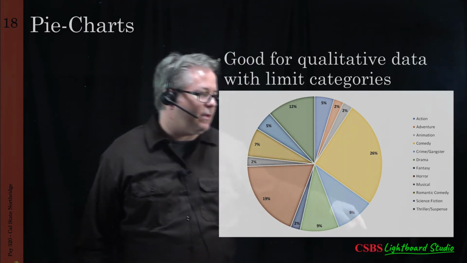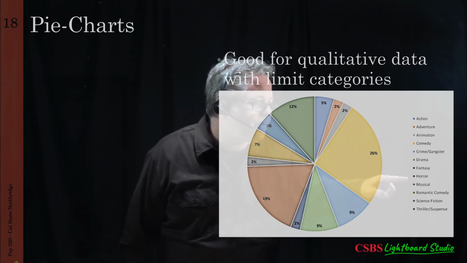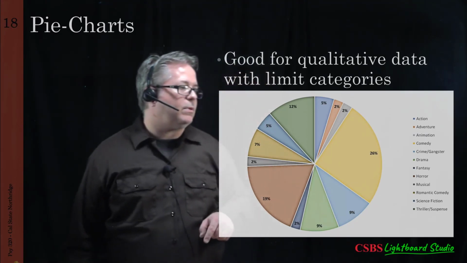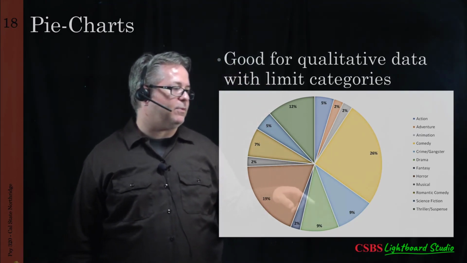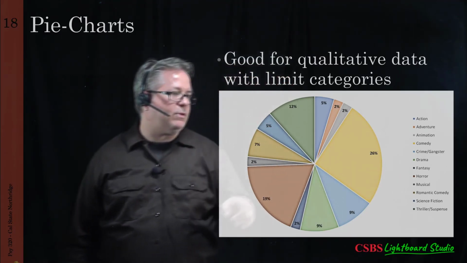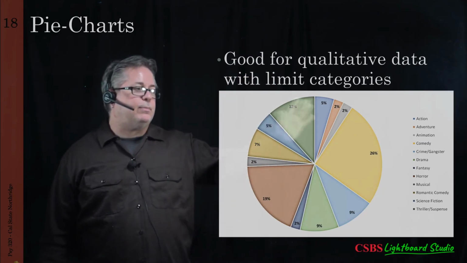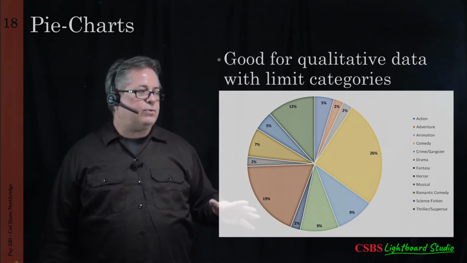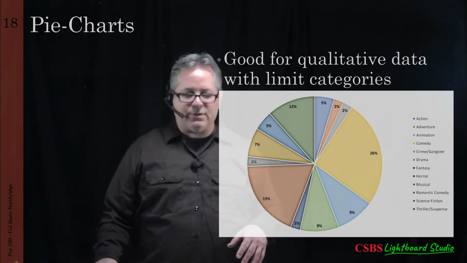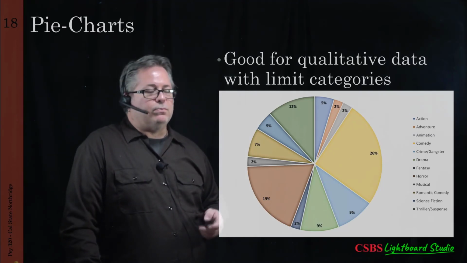I can't really tell what color it is, but horror is, I think, this 19% one here, if I'm remembering correctly. The colors are a little bit off. It looks like a dark red, but it doesn't quite match perfectly. Anyway, this is a pie chart, giving you the same information that you have in the bar graph, just putting it into percentages instead of total frequencies.